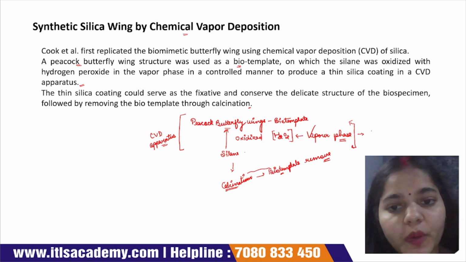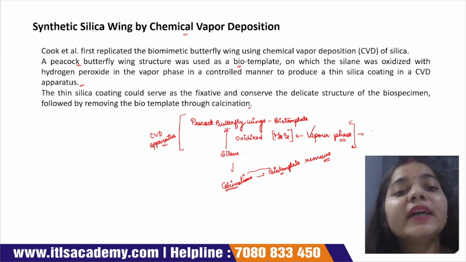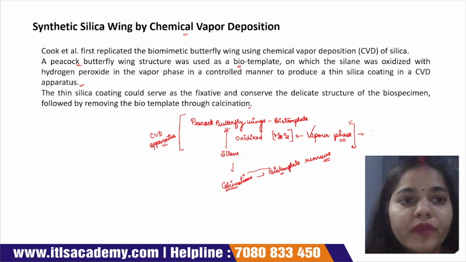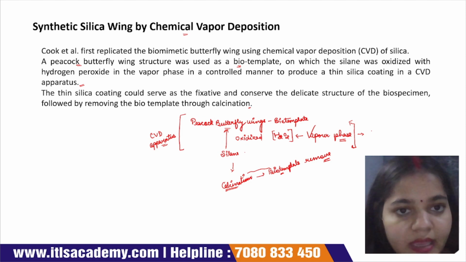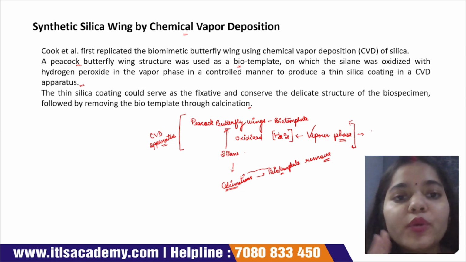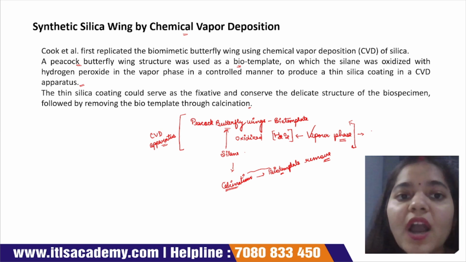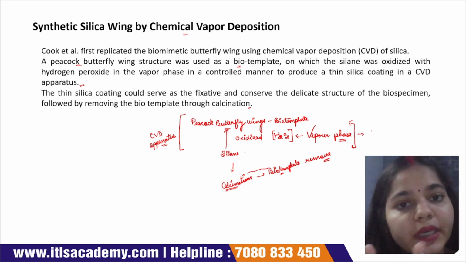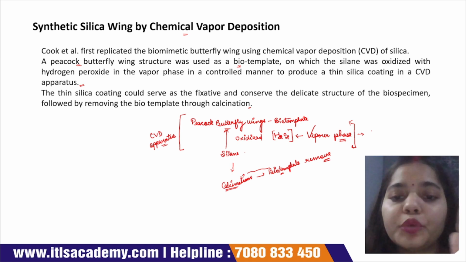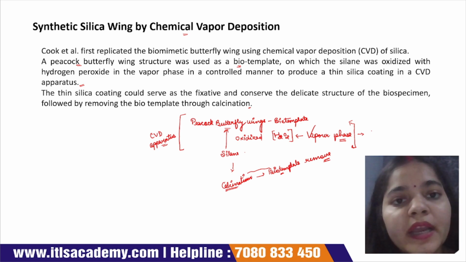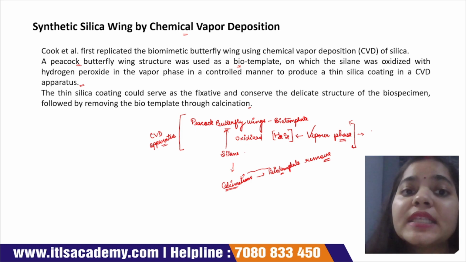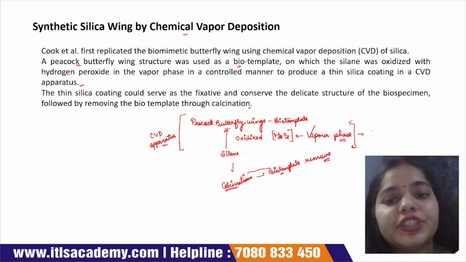The calcination process removes the biotemplate butterfly wings, and finally we produce the silica based biomimetic butterfly wings using the bio template by performing the chemical vapor deposition method.